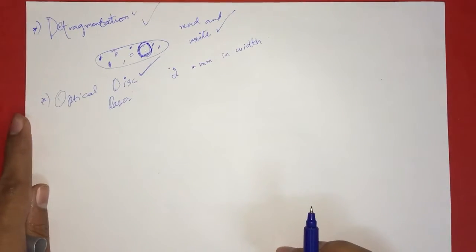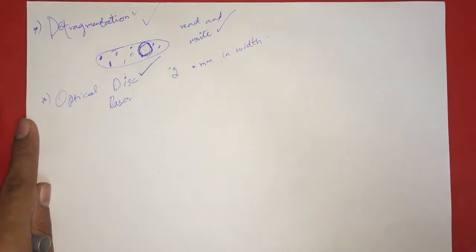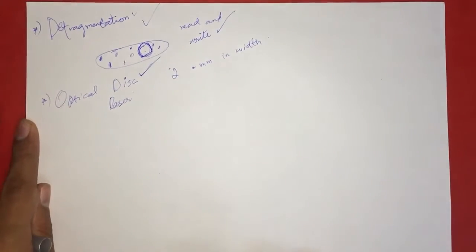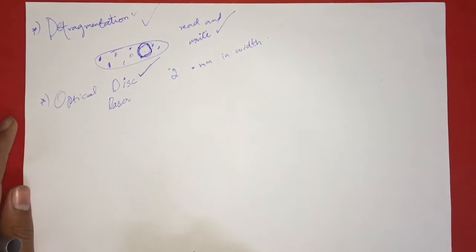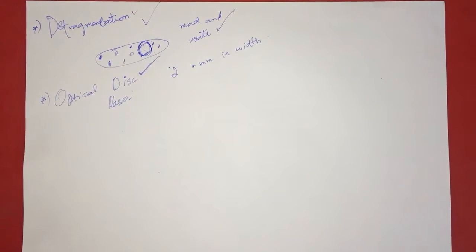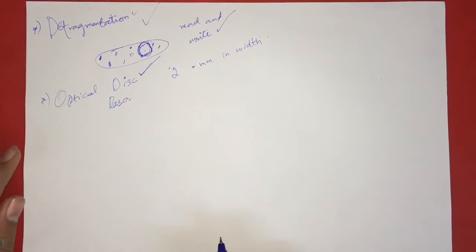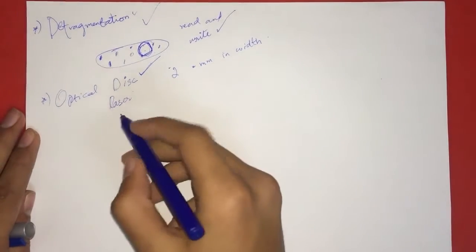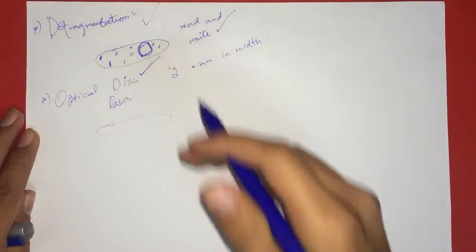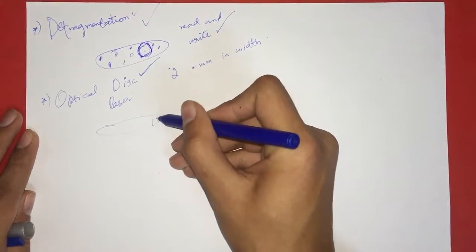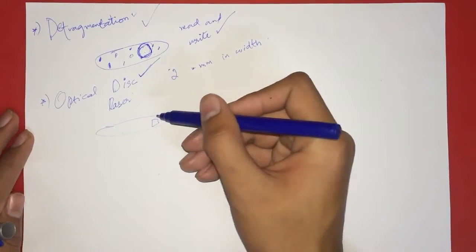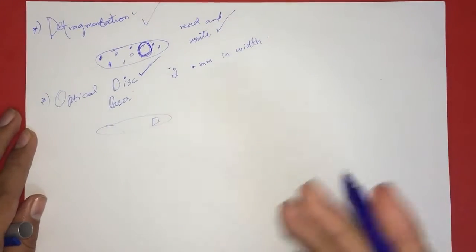Also, you have different types of optical disks. You have read only, you have write only, or you have read and write, you have read, write, erase. Sometimes you have a disk where the top part of the disk is supposed to be read only or write only, and the bottom part of the disk, vice versa.